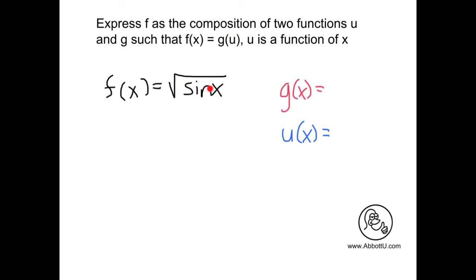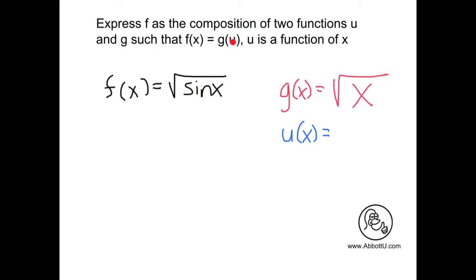Yeah, I know this is sine of x, but whatever, sine of x, it's just some number. It could be 25, I don't know. Well, actually probably not, but it could be any number, right? So square root of some number. Well, that means that g of x is the square root of some number. That's the big picture view of what's happening over here.